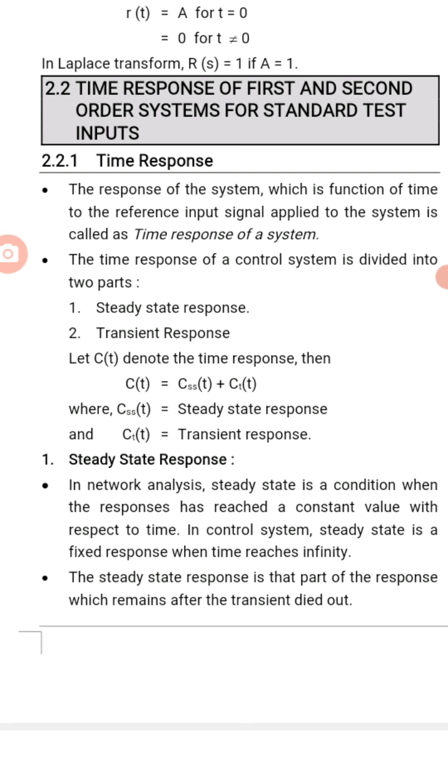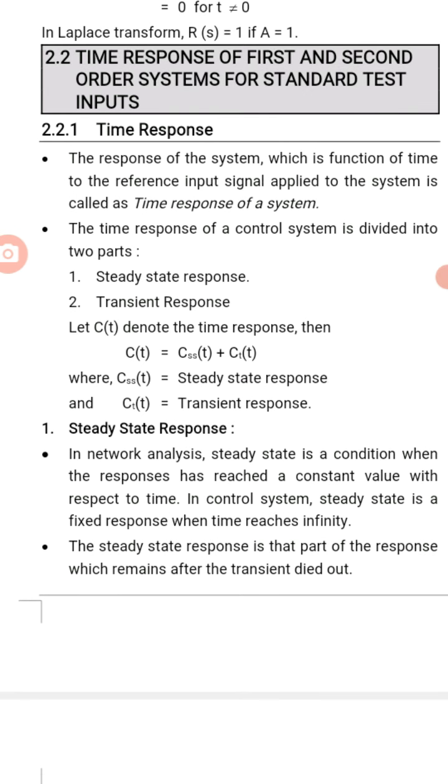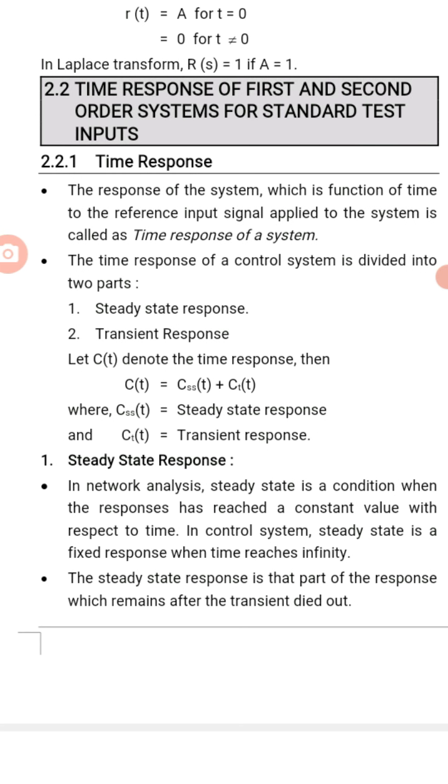Suppose in a step system, a position system, or a unit step system, there are two types of functions. One is at t is equal to 0, that is an instantaneous change from 0 to capital A, and the second one is for t greater than 0, where a DC signal exists.